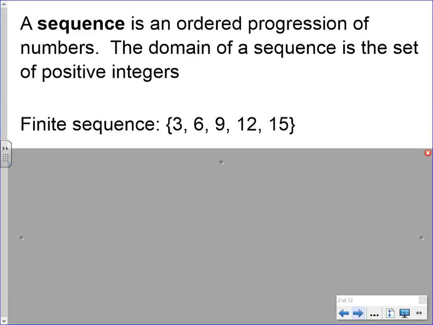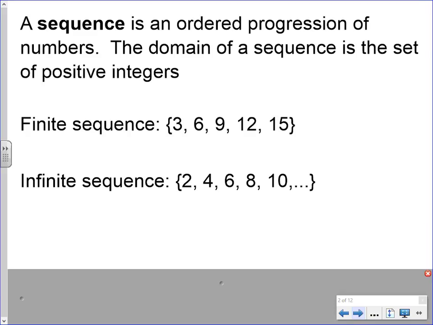There is a finite sequence, which has a finite number of terms. Notice how it stops at 15. And then there are infinite sequences, sequences that keep on going infinitely.